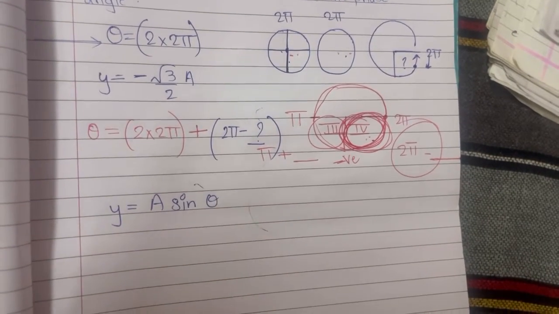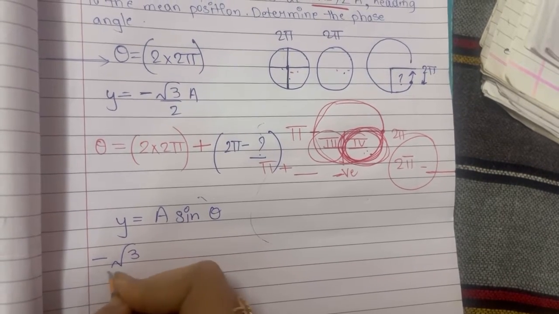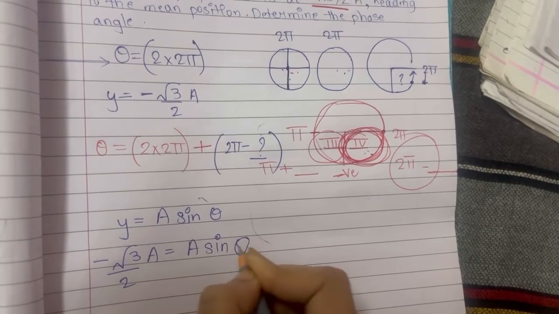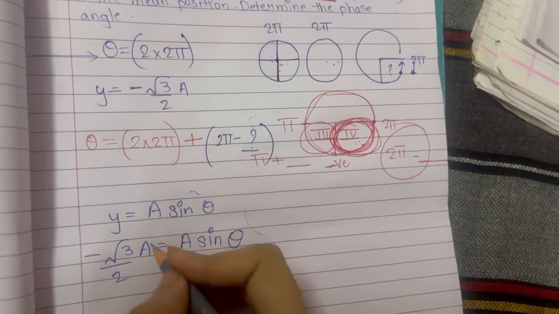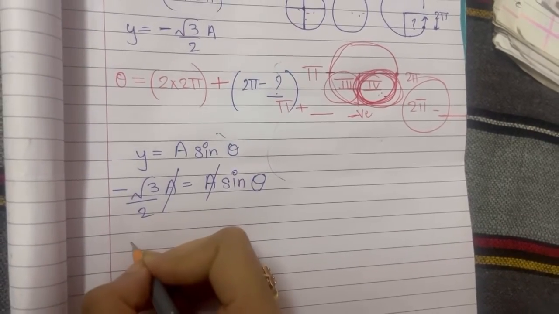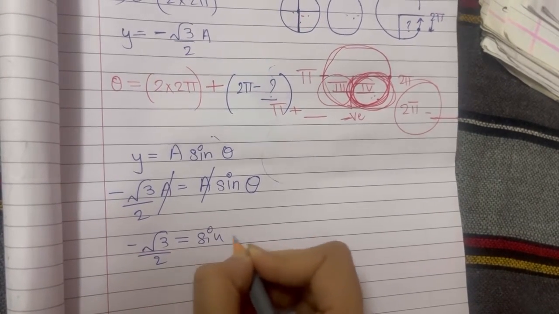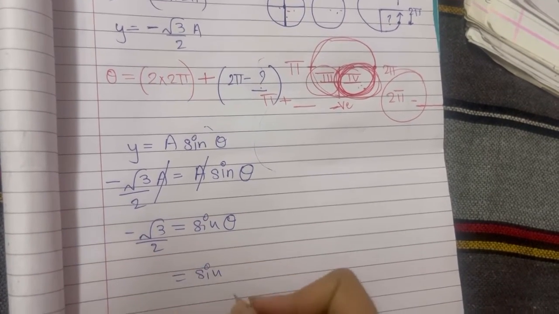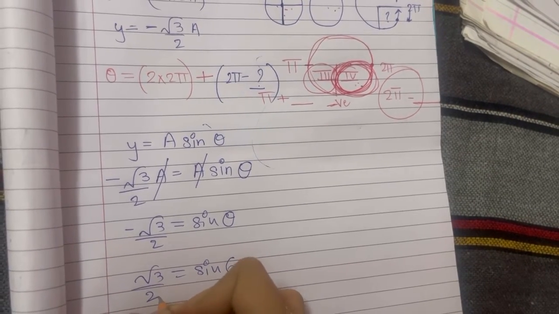So a sine theta. Y given to me is minus root 3 upon 2a, equal to a sine theta. So a and a get cancelled. Minus root 3 upon 2 is equal to sine theta. Which value of theta will give me root 3 upon 2? Sine 60 will give me root 3 upon 2.